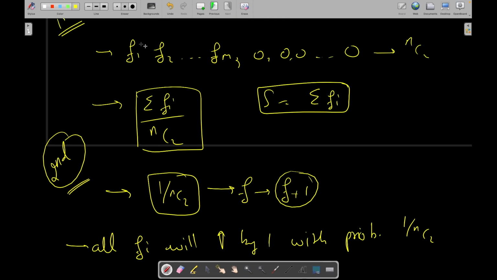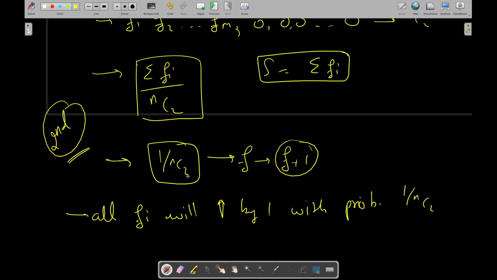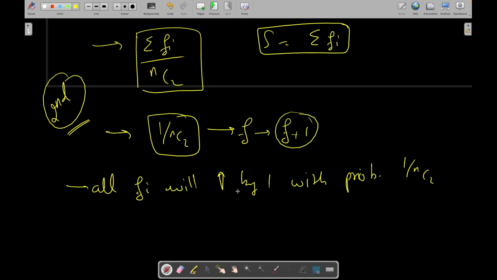Like fi can occur with probability 1 upon NC2, right? So this means that 1 will occur. This implies s will increase by m upon NC2.